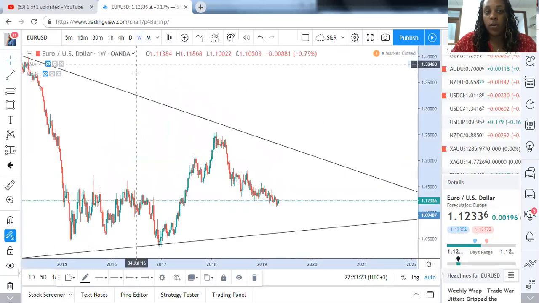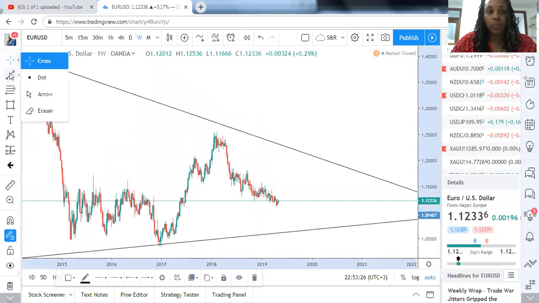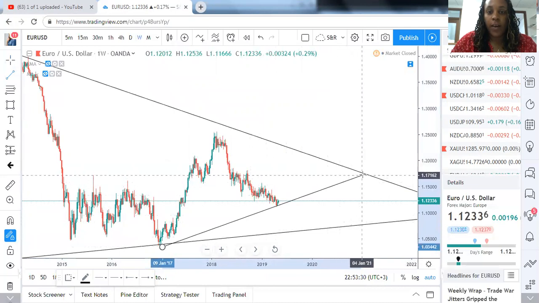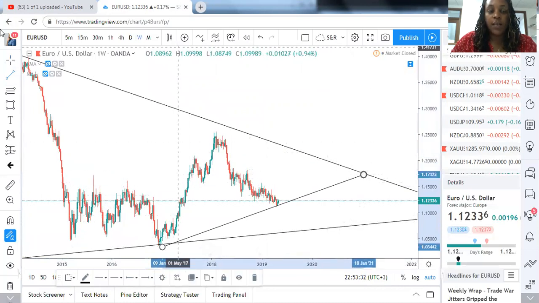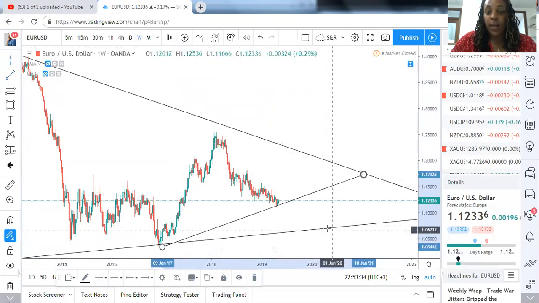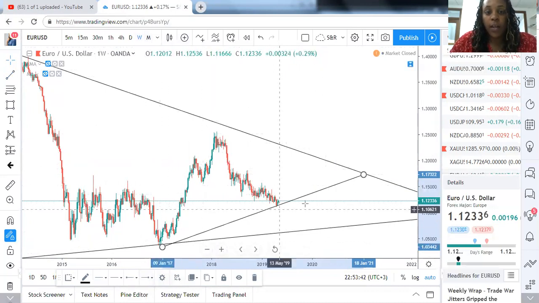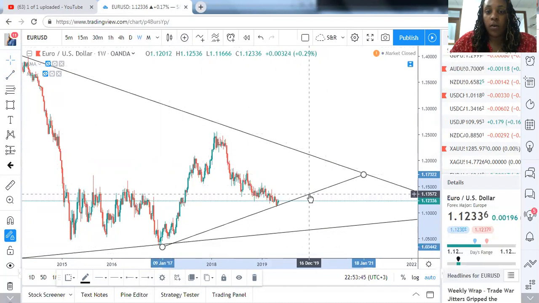So coming down to the weekly time frame, right? If I come here, you can easily see how this line here first was our monthly time frame. This is our monthly trend line that we draw on the monthly time frame. And here, this is our trend line that we drew on our weekly time frame.